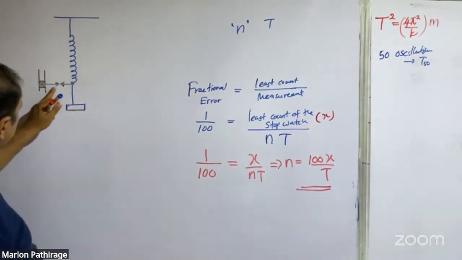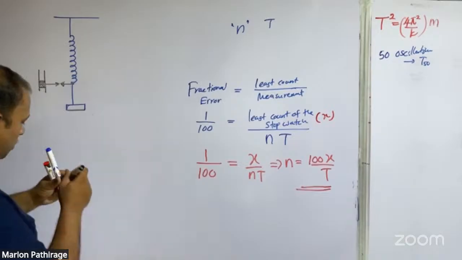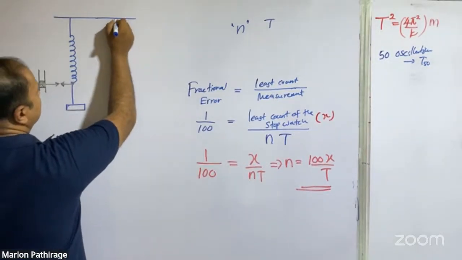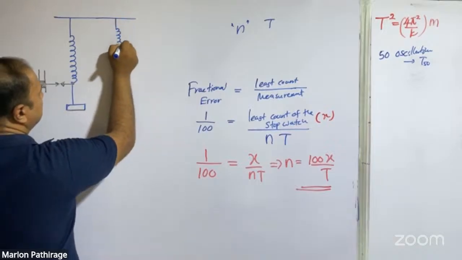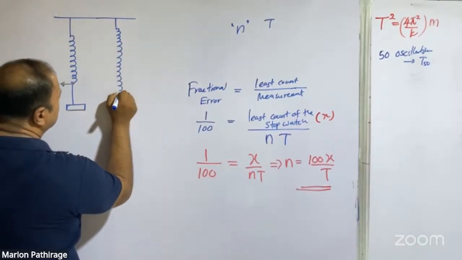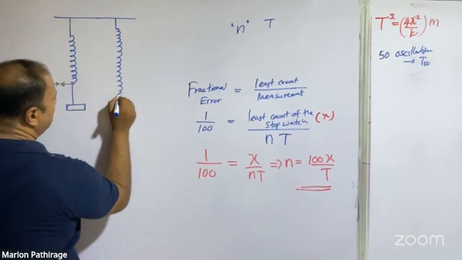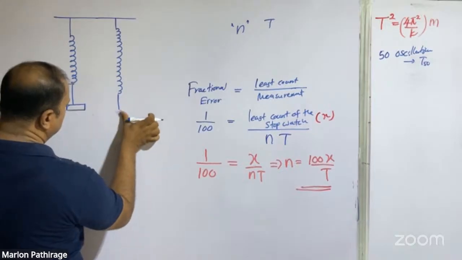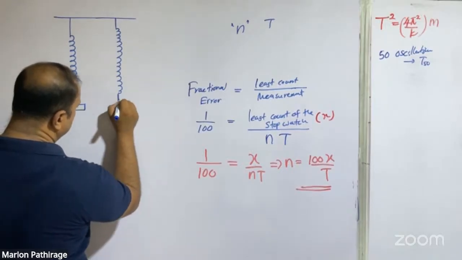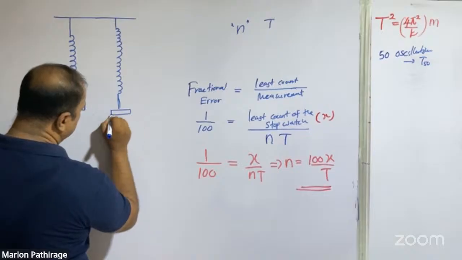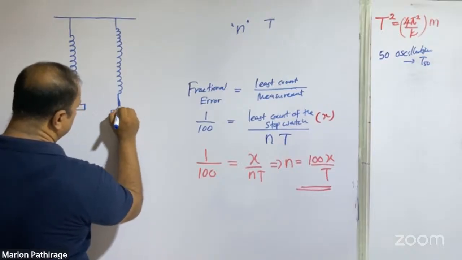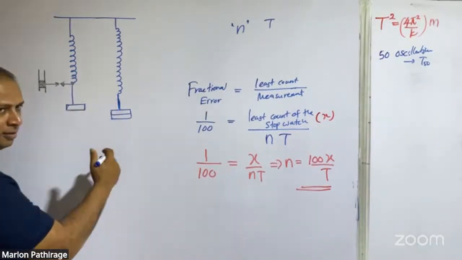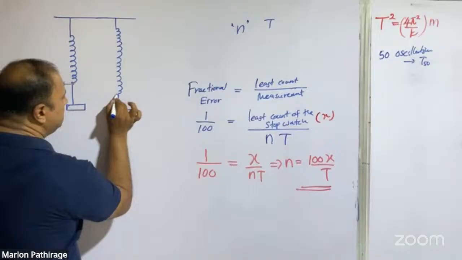If you add another weight, what will happen? This will stretch, and therefore the indicator will go down.